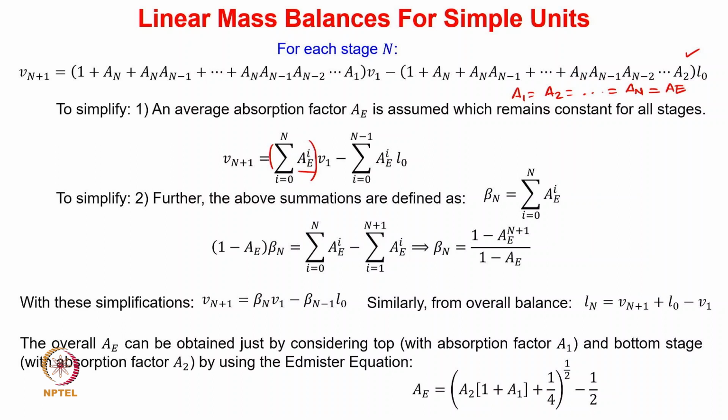If all these absorption coefficients are equal to each other, then this will be 1 plus AE plus AE square, and that summation goes all the way to AE raised to the power n, isn't it?